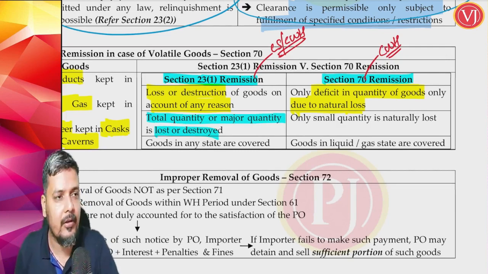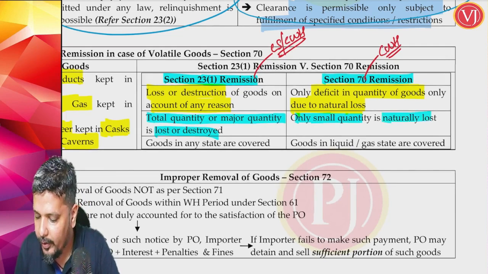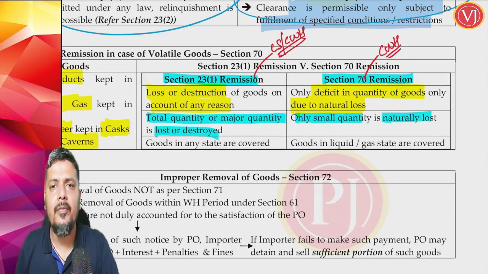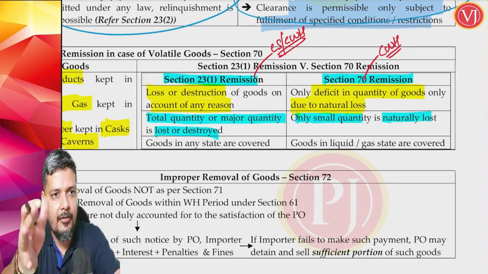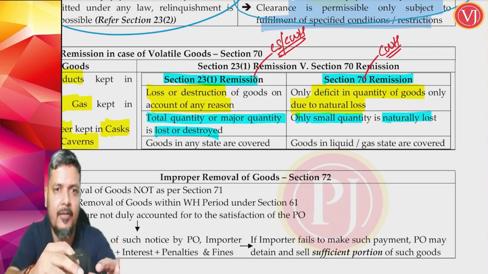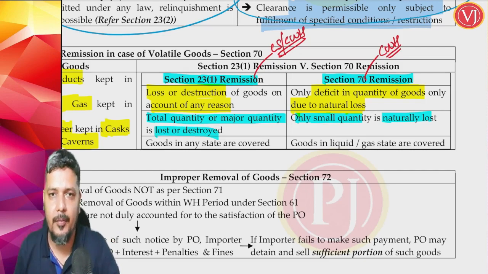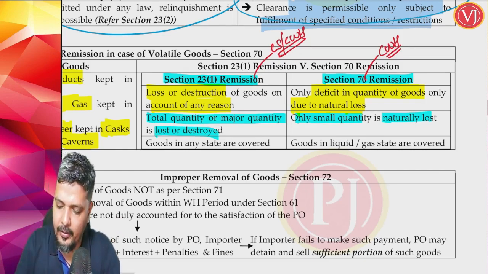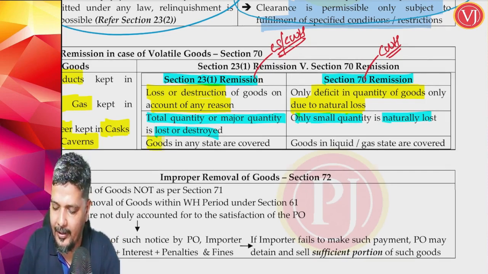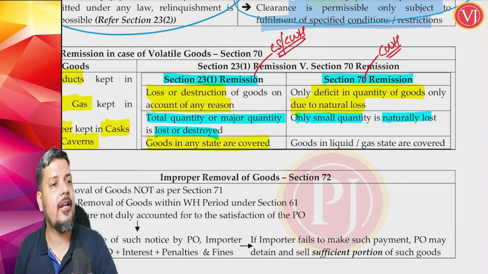But what is the coverage here? Natural loss will cover only small quantity. Why? You are talking about notified items kept in notified containers. In spite of that, some loss is happening, which will be small or big? Smaller. Here, any goods in any state are covered, whether it is solid state, liquid state, gaseous states.